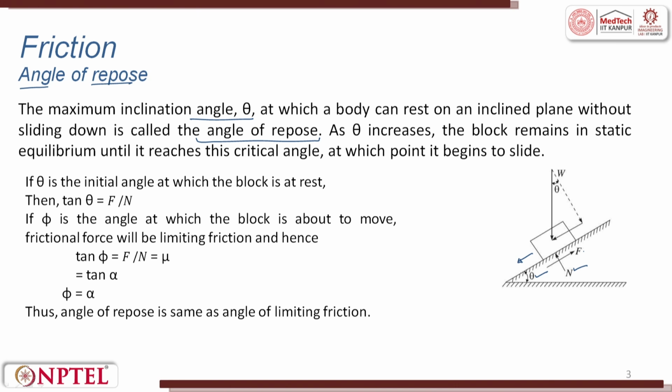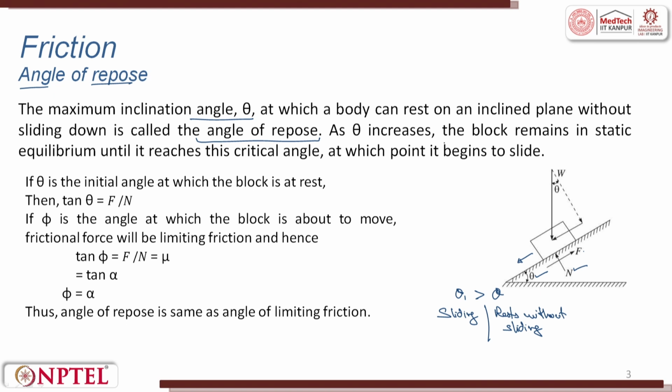Anything more than theta, suppose if it is theta 1 more than the given angle theta, it will start sliding. But at angle theta or till the angle theta, it does not slide. So, it rests without sliding. This is known as angle of repose.